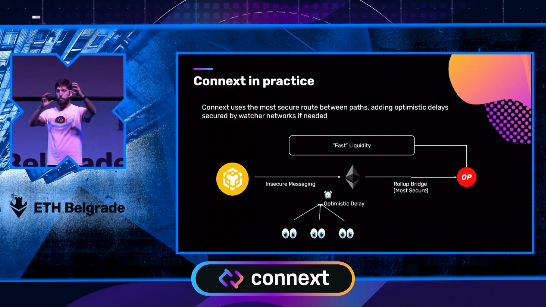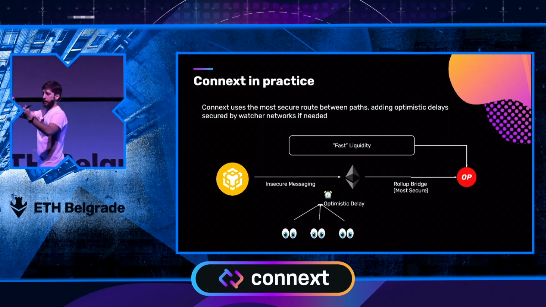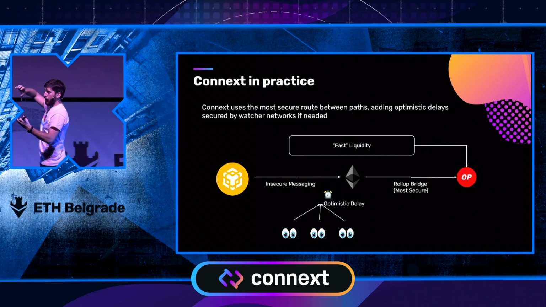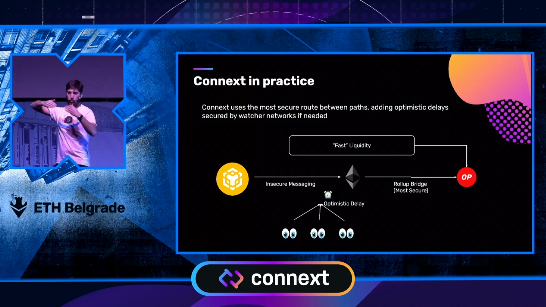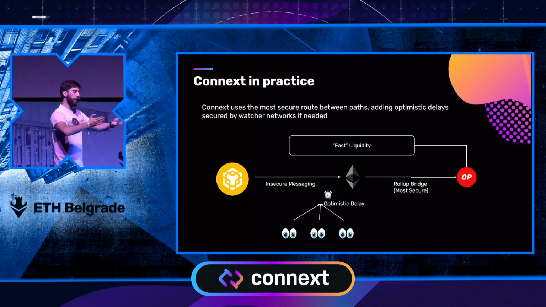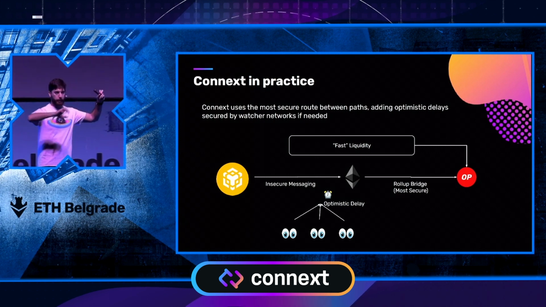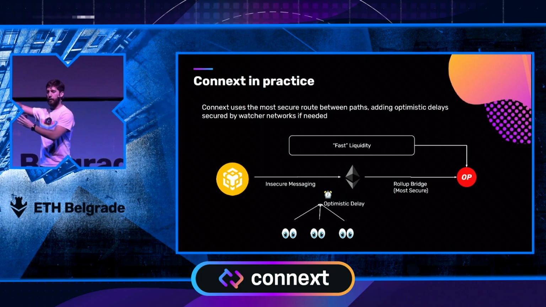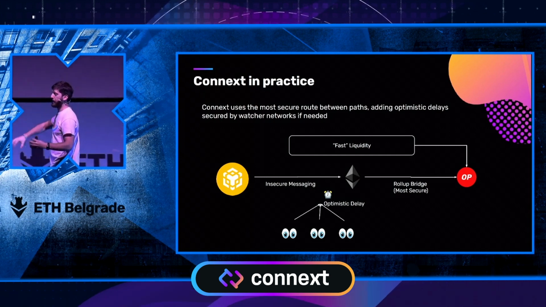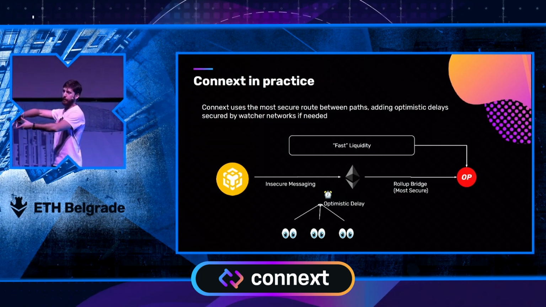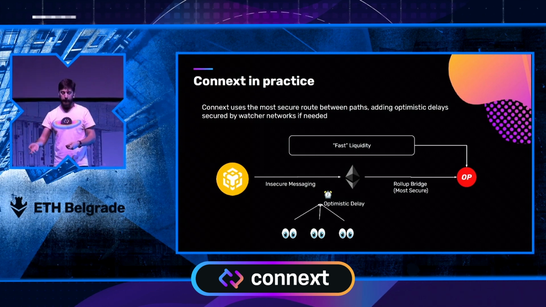So if you want to go to Binance chain or a chain that is not directly connected to Ethereum, we apply an optimistic mechanism. That's the most secure way to currently connect these two chains. And then if you want to go ultimately to Optimism, we plug into the native bridge. And in order to speed up the whole process, we have this fast network of liquidity providers that give you the cash immediately.